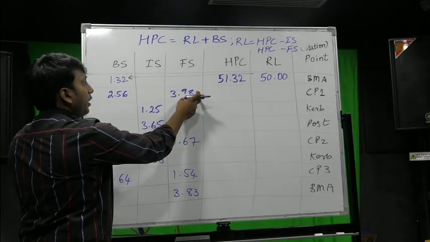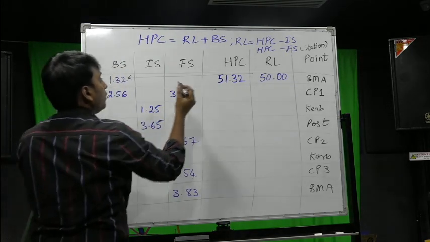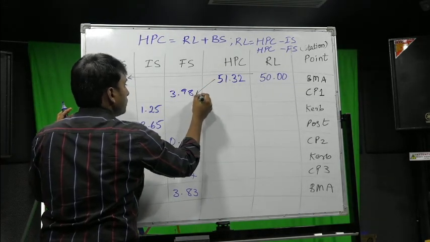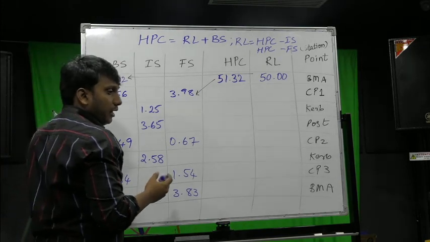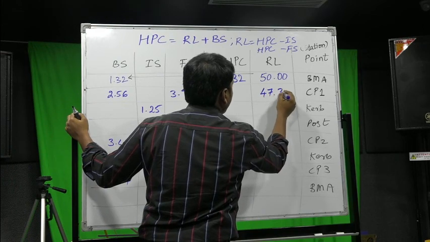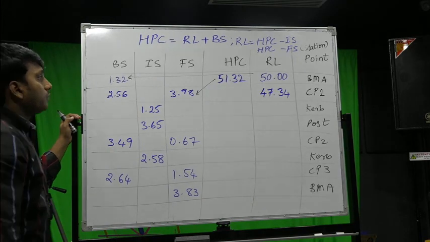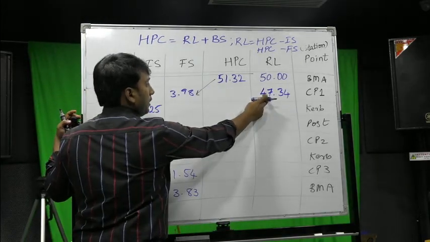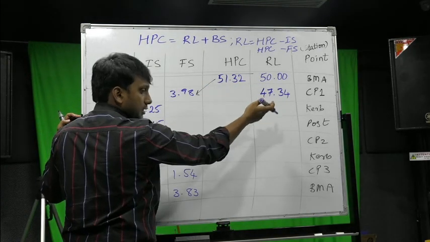Here you have foresight, so HPC minus foresight, 51.32 minus 3.98. The value is 47.34.